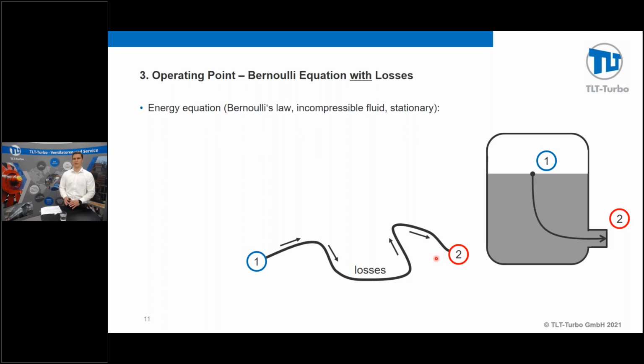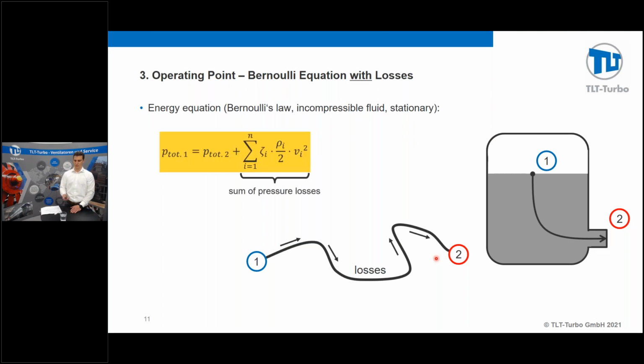So the energy equation, Bernoulli's law for incompressible fluids, in this case also with losses, is now once again the total pressure in point 1 is exactly the total pressure in point 2, but now with the sum of the losses which occur from 1 to 2.